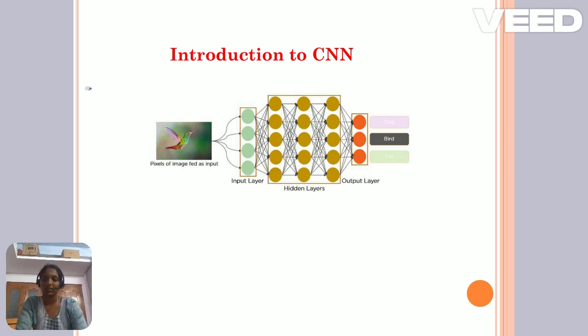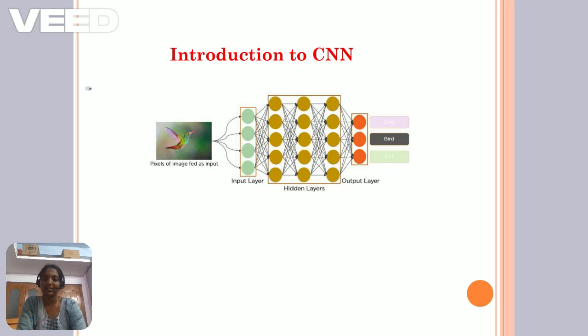Introduction to CNN. Imagine there is an image of a bird and you want to identify whether it's a real bird or some other object. The first thing you need to do is feed the pixels of the image in the form of arrays to the input layer of the neural network.